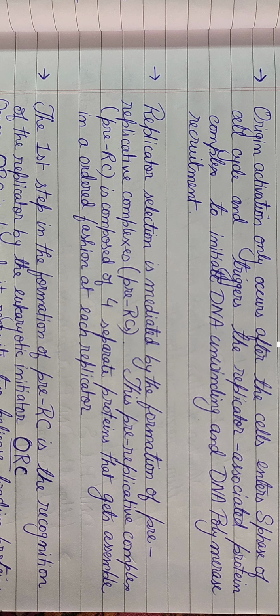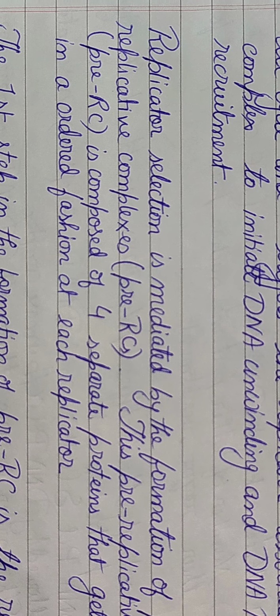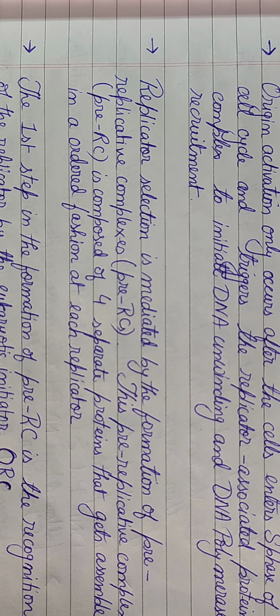Replicator selection is actually mediated by the formation of the pre-replicative complex. So for the first step that we talked about, replicator selection, some proteins must mediate this function, and those are the pre-replicative complexes, commonly called pre-RCs.